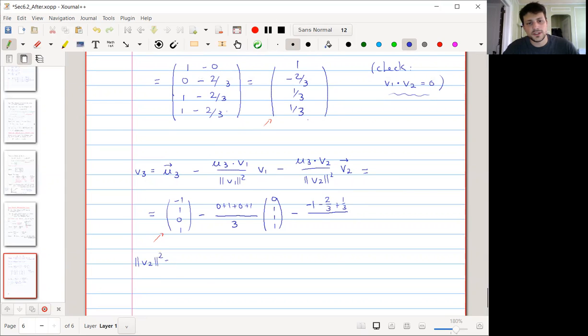The norm squared of V2 is equal to the sum of the squares of its components. So it's 1 plus 4/9 plus 1/9 plus 1/9. And when I add these together, I get 9 plus 6 is 15/9. And we now have the vector V2, 1, -2/3, 1/3, 1/3. Okay.